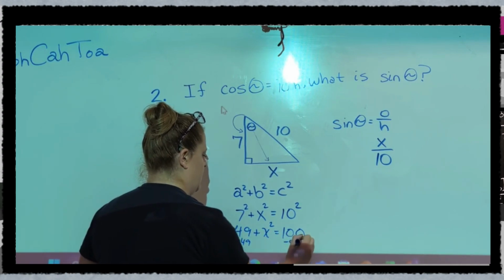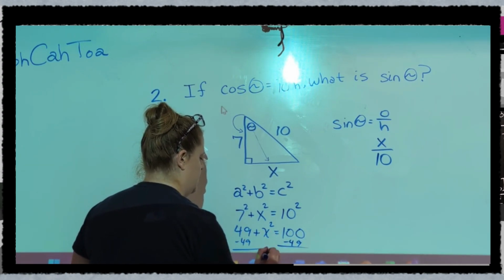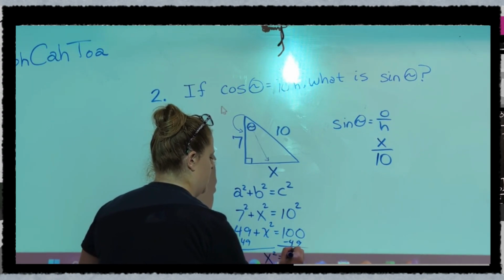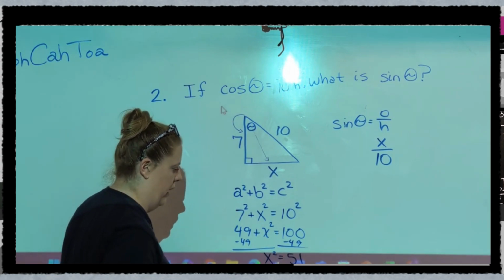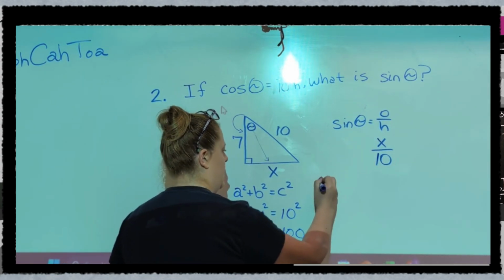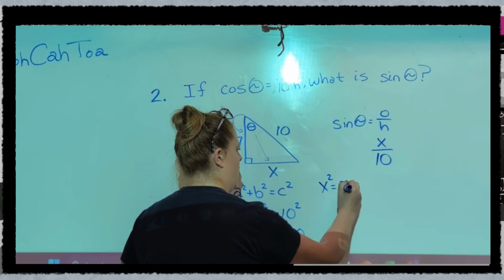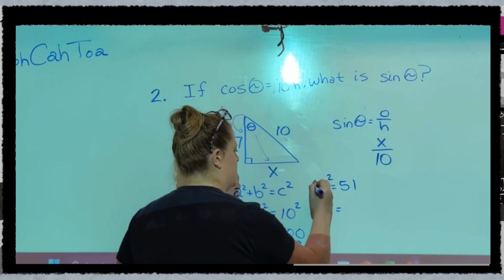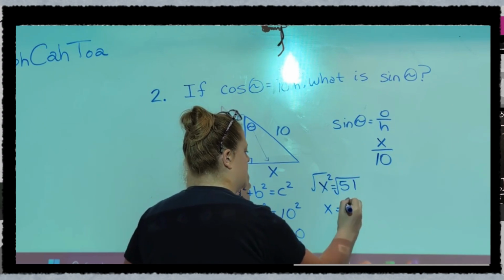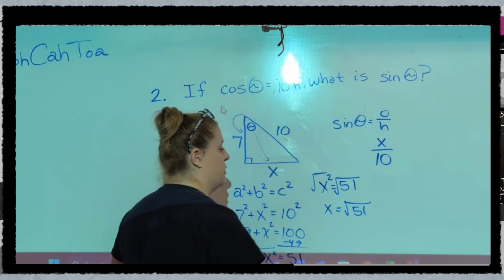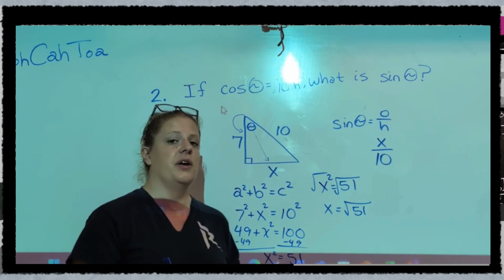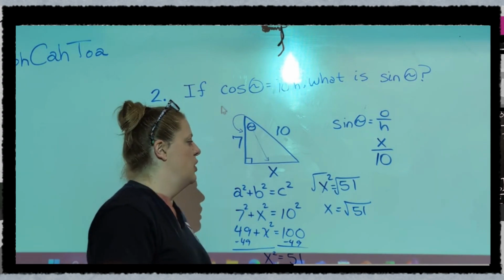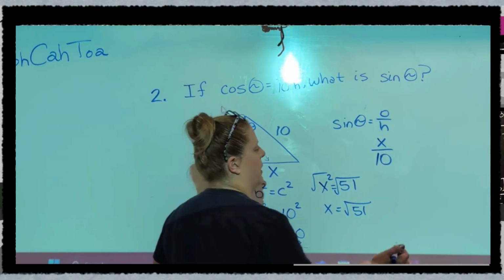Subtract 49 from both sides, and I get x squared equals 51. I don't know if you can see that because of the way the screen is. Let me rewrite it. That means we have to take the square root of both sides. X is the square root of 51. I cannot break that down any further, so it is just the square root of 51.